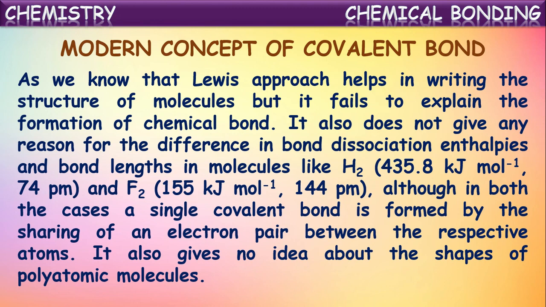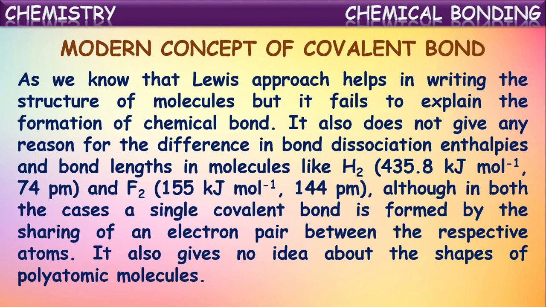So why are these different even though they are single bonds? Both are single bonds. So why are there differences in properties like bond energies and bond lengths? That was not explained in the Lewis concept. Although in both cases a single covalent bond is formed by sharing of an electron pair between the respective atoms, even in the formation of H2 and F2 a single electron pair is shared between the two atoms, but there are certain differences in the properties.